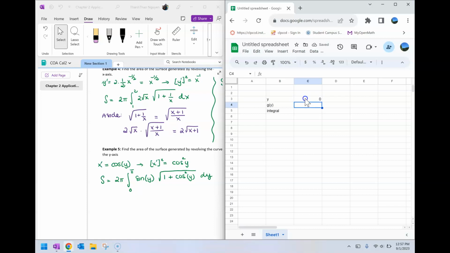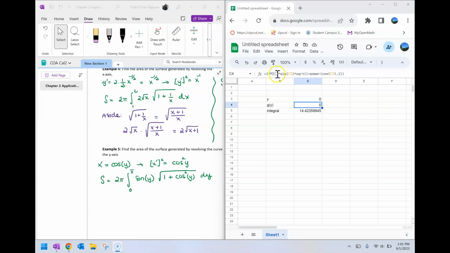So let's put in g of y. This is 2 pi times sine of y, where y is defined as C3, times the square root of 1 plus the cosine of C3, squared.